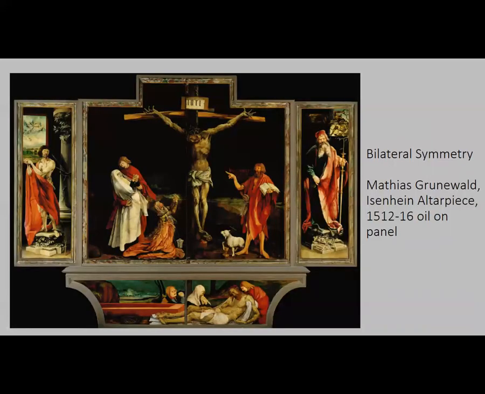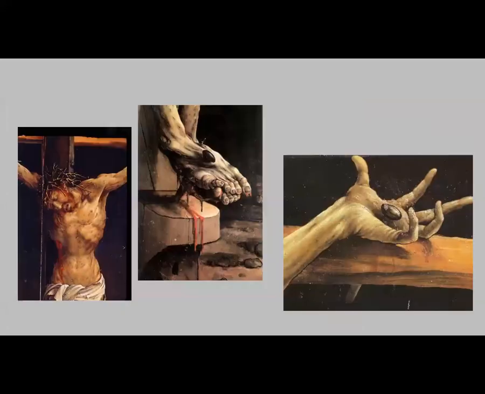And the reason I'm showing this image is that in Northern Europe and Southern Europe, the way the crucifixions were shown were really different. In Northern Europe, especially in Germany, they were really gory, and there's blood and Christ's body's decomposing, there's flies everywhere.